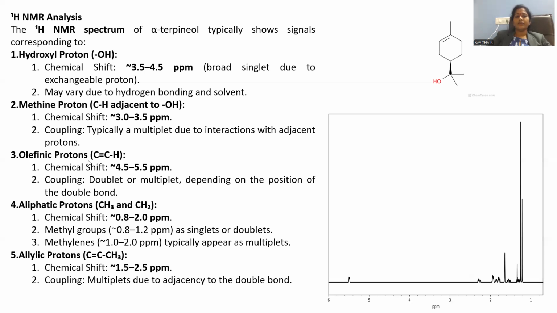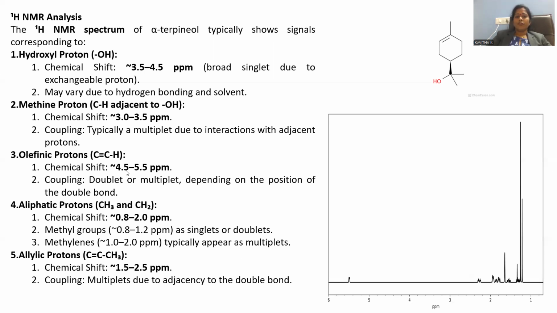Then olefinic protons are there. Whenever a double bond is present, because of the anisotropic effect, the double-bonded hydrogens show peaks somewhat downfield, at 4.5 to 5.5. Everybody is aware that compared to triple-bonded hydrogen, double-bonded hydrogen is the most deshielded, because of the anisotropic effect.